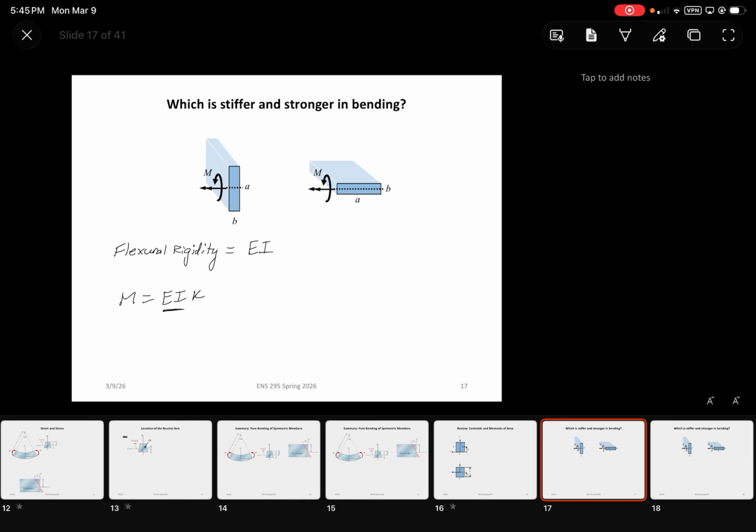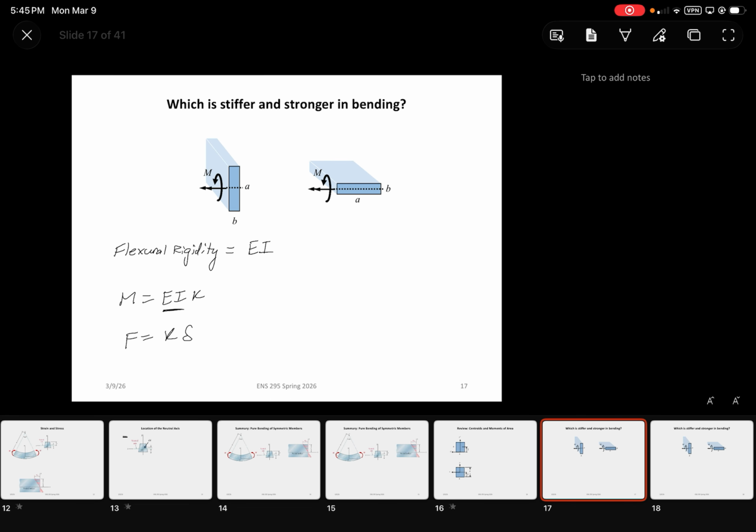So in a similar way, this is synonymous to the F is equal to K times delta equations that you have seen in your physics class, or that we dealt with early on in the class, right?